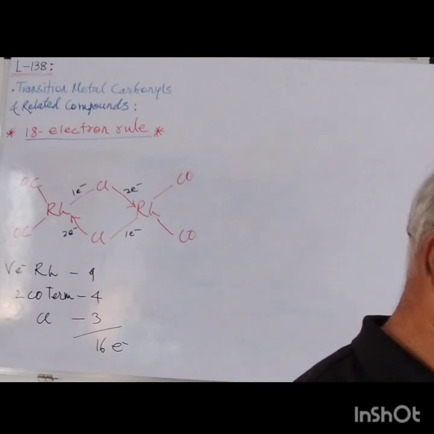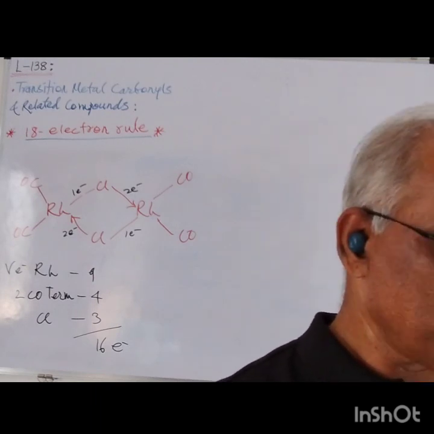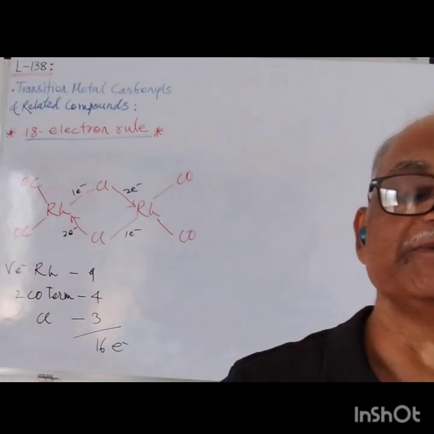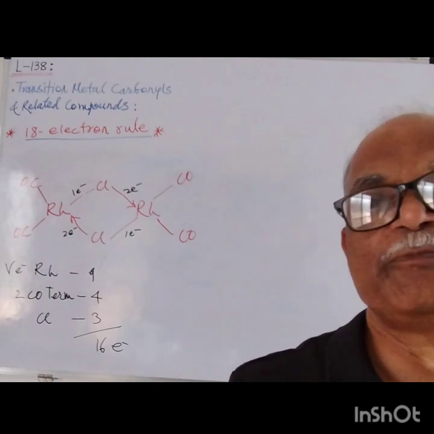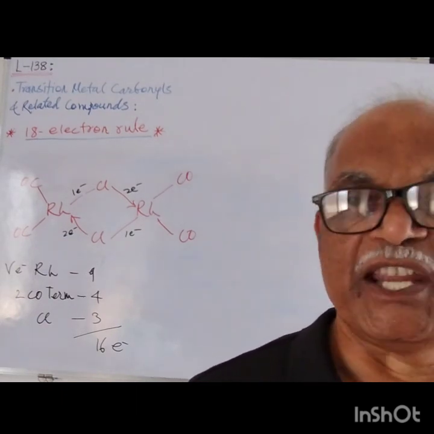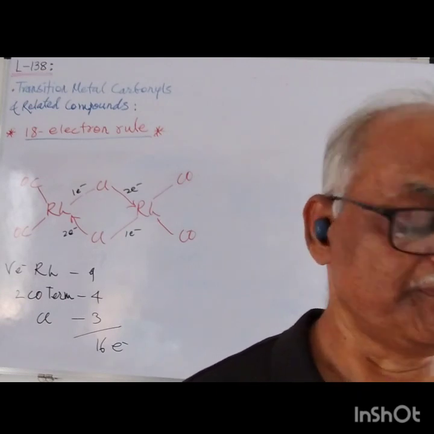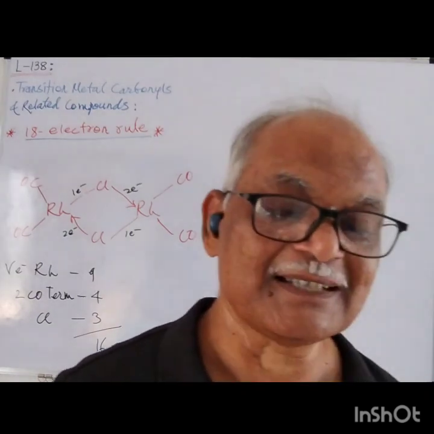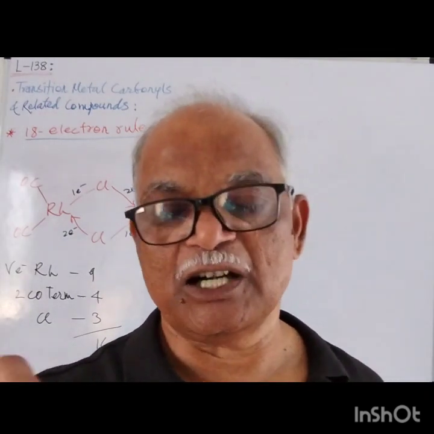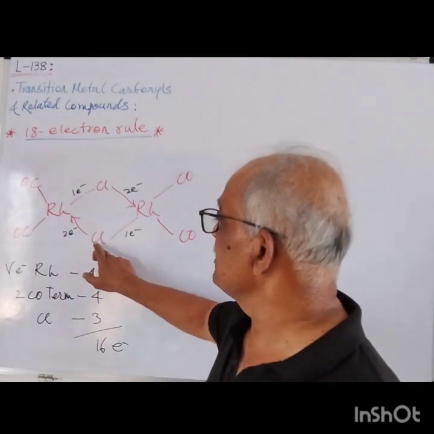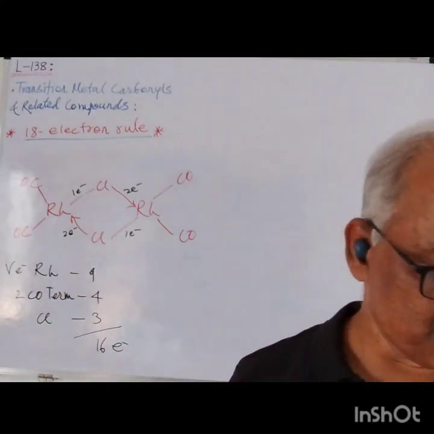So the formalism shows that for electron count we have to consider every ligand irrespective of its charge, whether it is negative or neutral. While taking the electron count we have to consider it as a neutral species even though it is Cl minus.